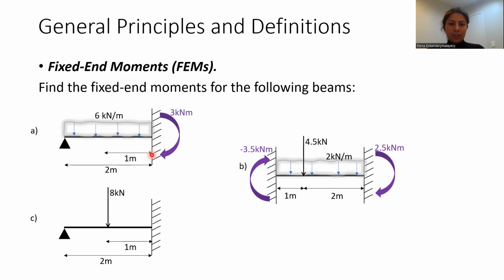For this case, you must find 3 kilonewton meter, which is positive and clockwise. For this case, again, 3 kilonewton meter clockwise. And for this case, we have minus 3.5 because it was the opposite direction to the table. And for the other side, 2.5 kilonewton meter.